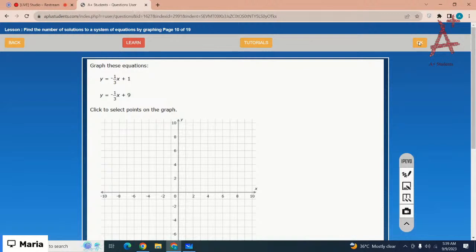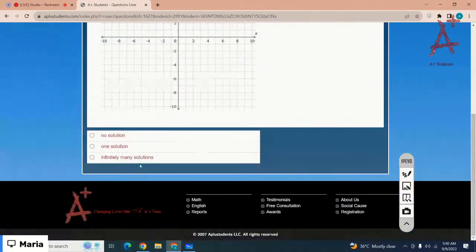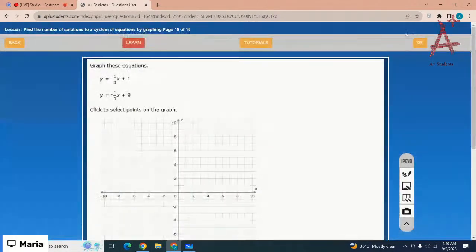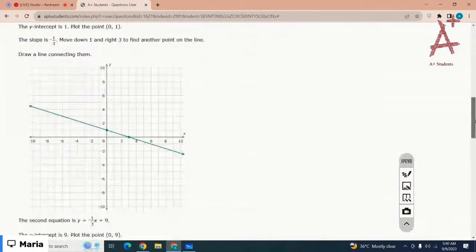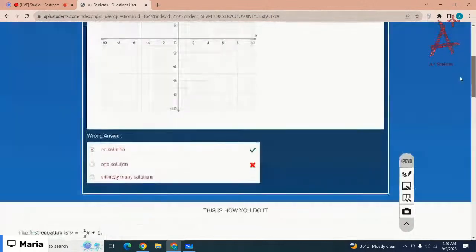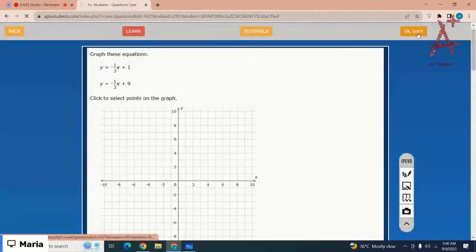They both have the same slope and different y-intercept. That means the system has exactly one solution, right? Oh, no solution. Yes, in this case, you have no solution. Got it?